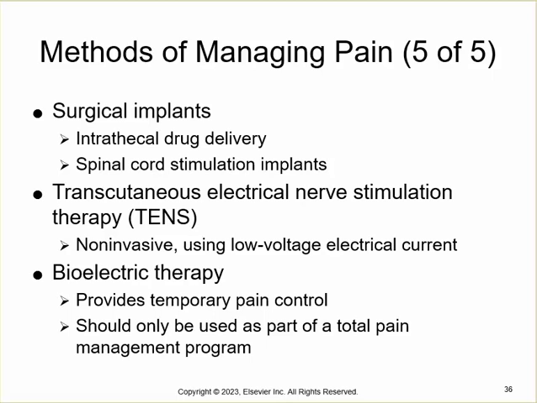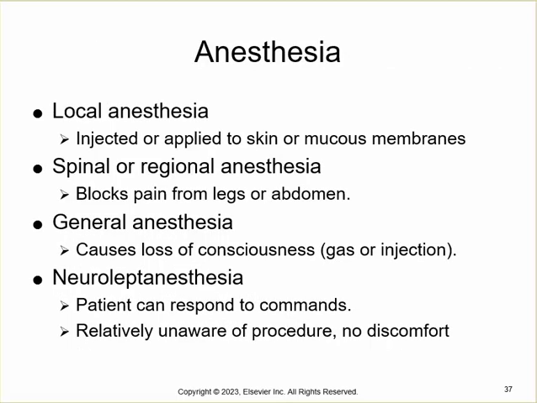All these things have their uses, and usually there's some sort of a concerted use of all of these things. Anesthesia can be local, just a rub on, or it can be an injection.